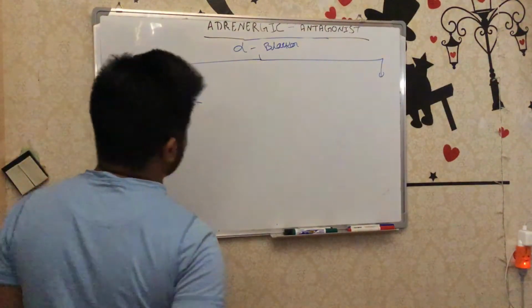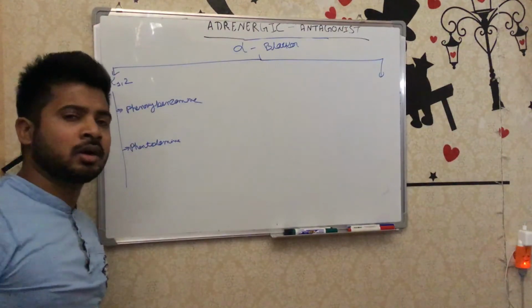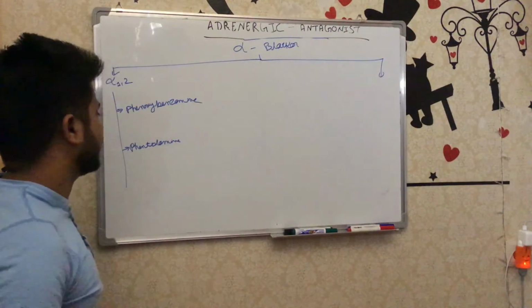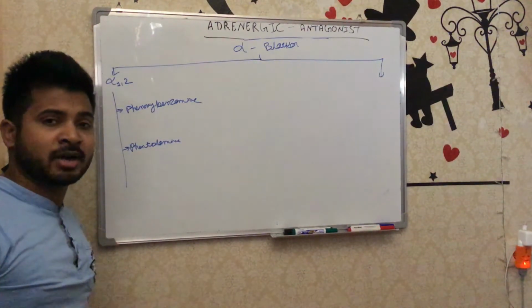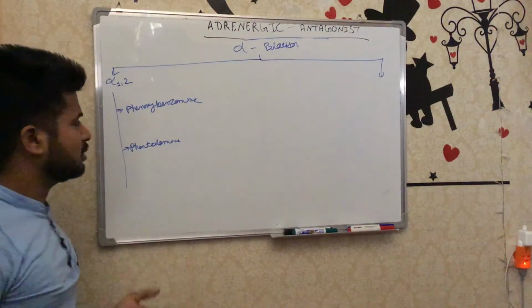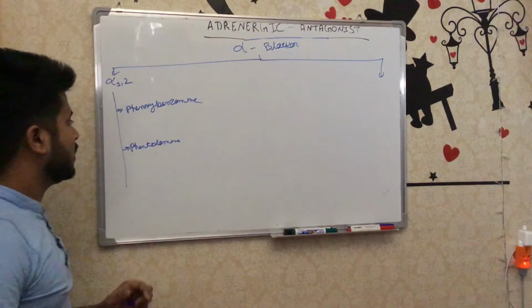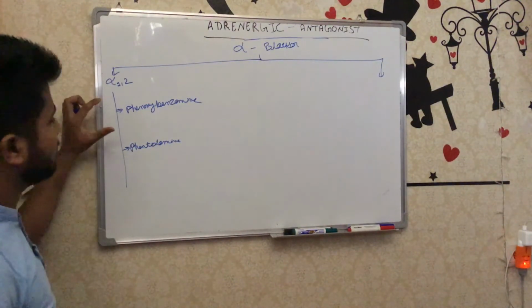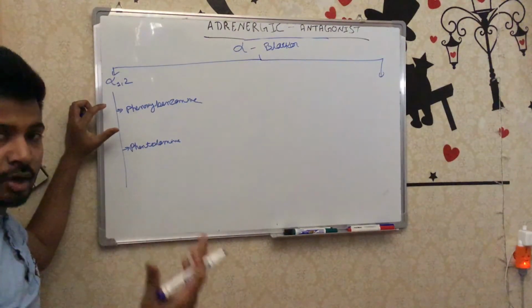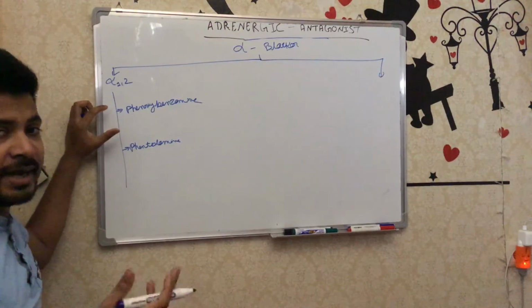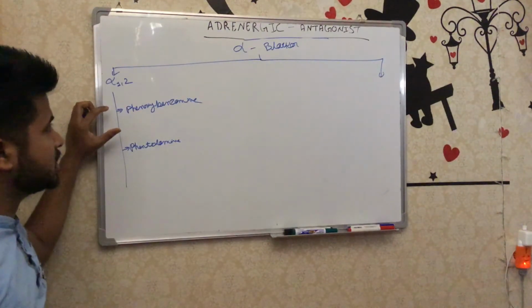Some drugs like ergotamine, chlorpromazine and metoclopramide can also block the alpha receptor, but not typically. First, these drugs mainly block the dopamine receptor; metoclopramide is an anti-emetic drug and it blocks the dopamine receptor.